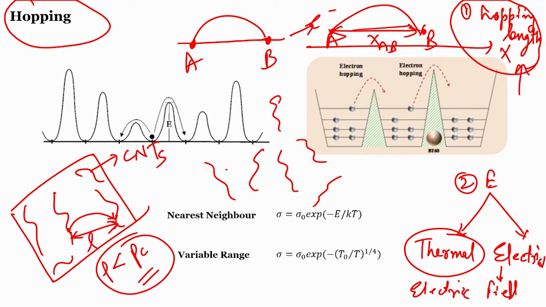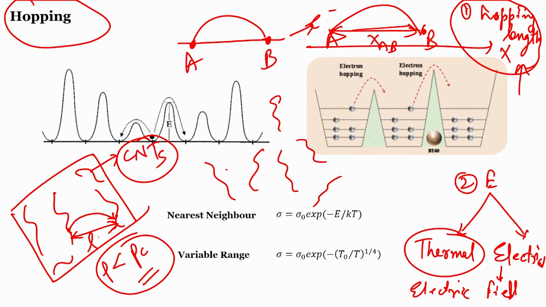This length, or the hopping length that we discussed, cannot just be any value, and that is dependent on different factors such as what is the temperature, how is the fraction of carbon nanotubes arranged in a particular system, and within the carbon nanotubes how fast is the conduction possible.